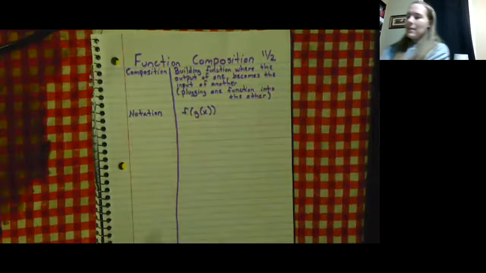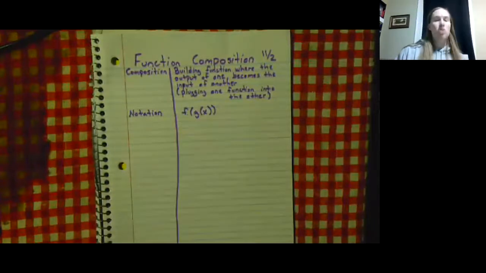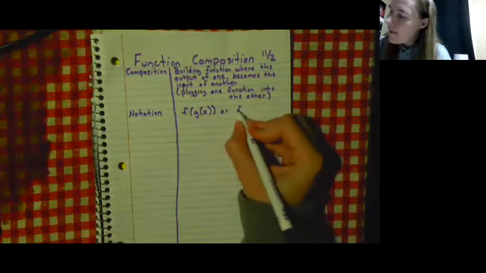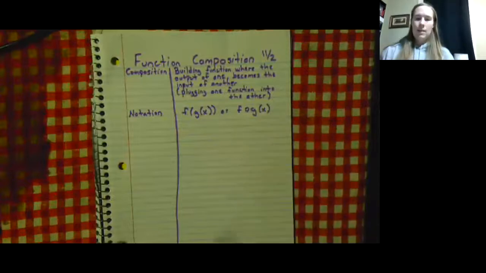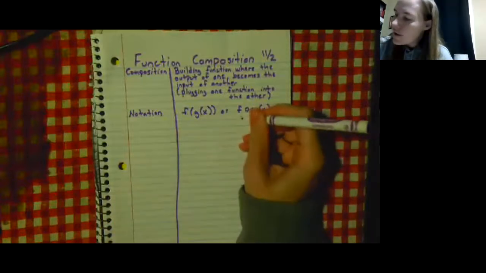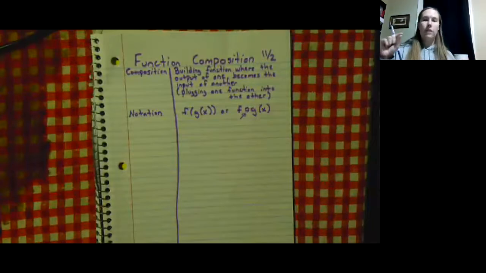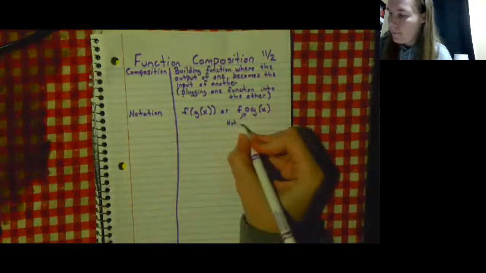And notice whenever I see a parenthesis, I say of, that kind of means like it belongs to it. Or you might see it as f of g of x with a small dot. This little thing here does not mean to multiply. It has to be a solid dot for it to mean to multiply. So this is not multiplication.